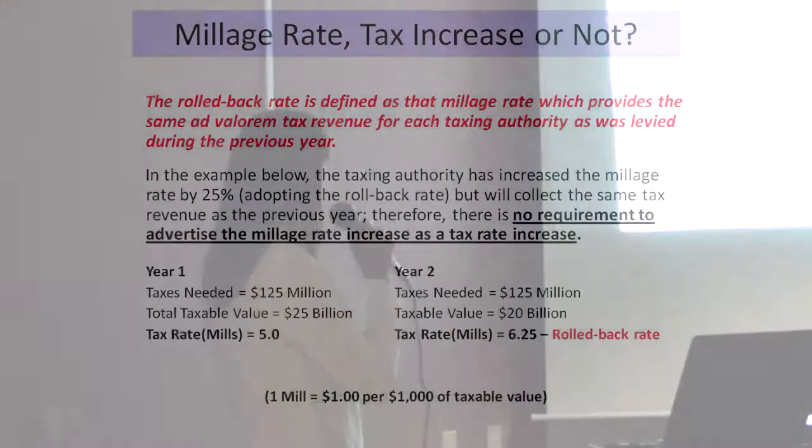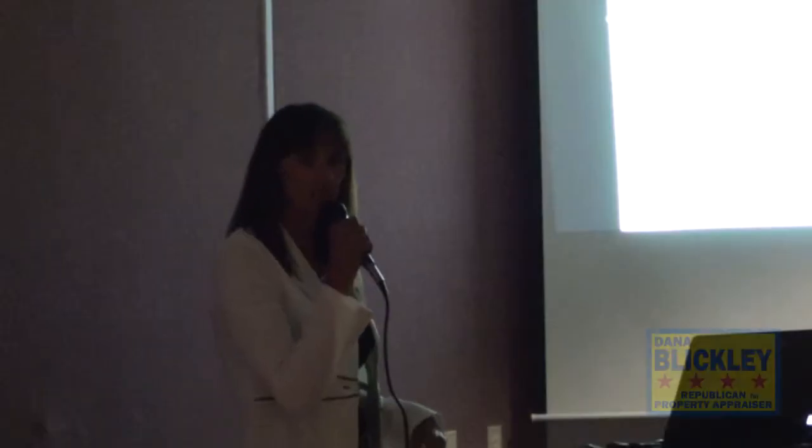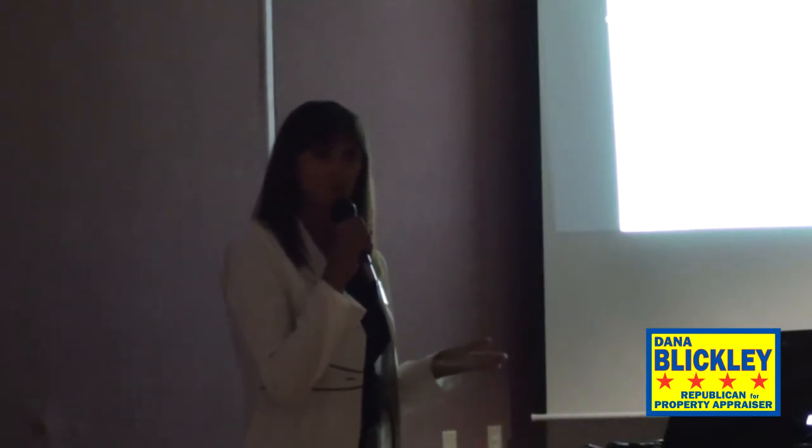So, as an example, the taxing authority has increased the millage rate by 25%. They're going to adopt the rollback rate, but will collect the same tax revenue as the previous year. Therefore, there is no requirement to advertise the millage rate increase as a tax rate increase. We have been experiencing that for at least the past 2 years. Okay?